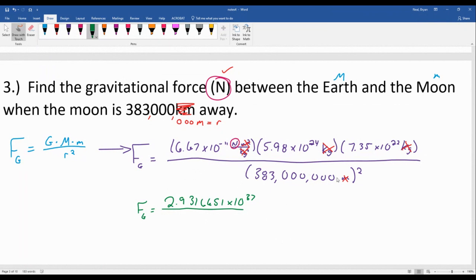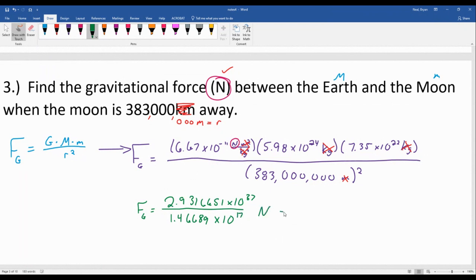And then on the bottom, when we square that thing, we have 1.4669, I think that's a 9. Sometimes I can't read my own handwriting. Times 10 to the 17.